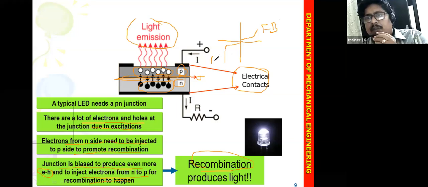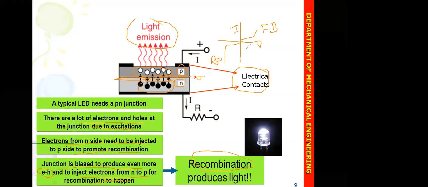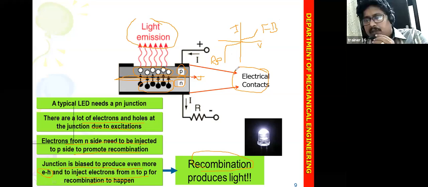This is a negative voltage. This is voltage, and this is current. That means the x-axis is voltage, the y-axis is current. When you apply the positive voltage, automatically the current increases.